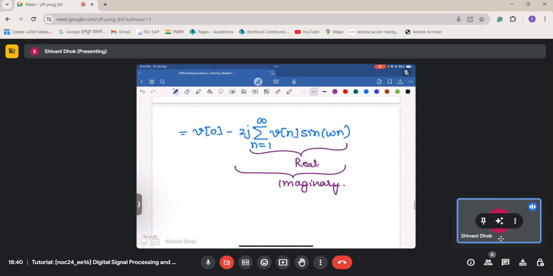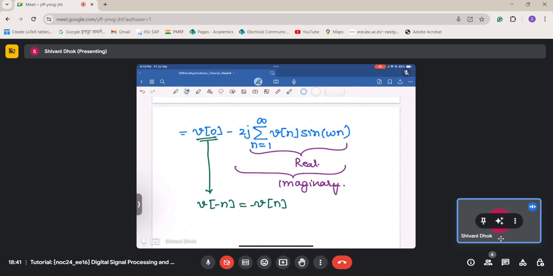Now let us figure out what happens with this particular factor here. Now this v of n is an odd function, so we have v of minus n equal to minus of v of n. This is satisfied for all values of n, which means it should be satisfied for n equal to 0.